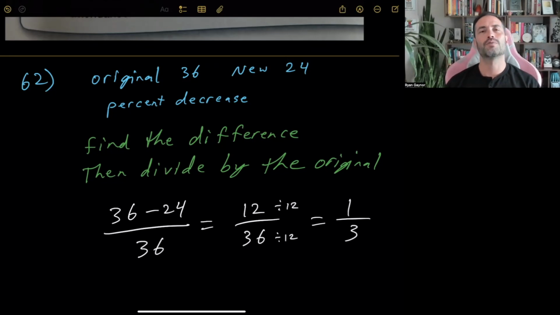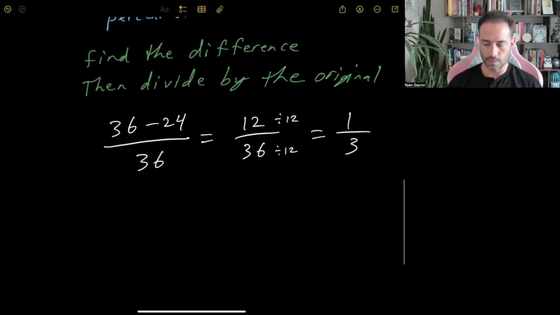Okay, now if you don't know what this percent is already, then I will do the long division. But I highly recommend that you memorize classic percents like 1/2, 1/3, 1/4, 1/5, 2/3, 3/4, 2/5, 3/5, that kind of stuff. 4/5.